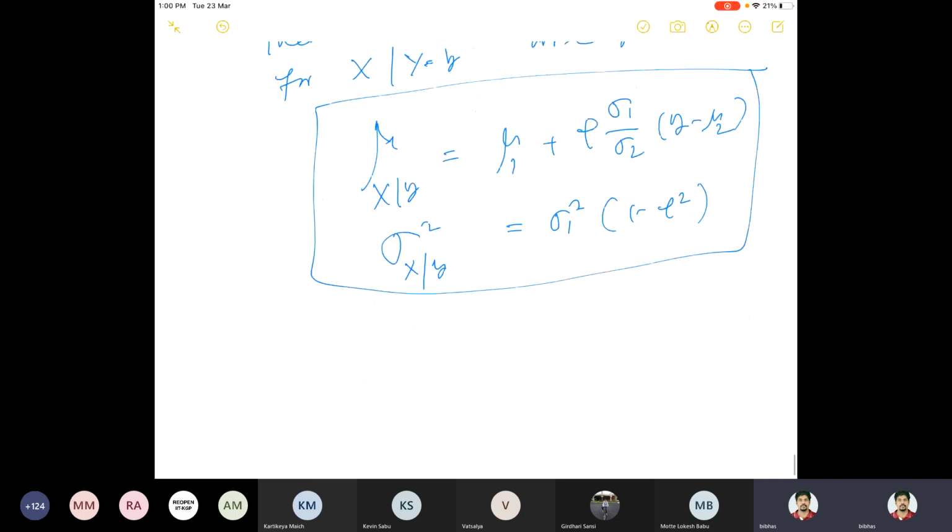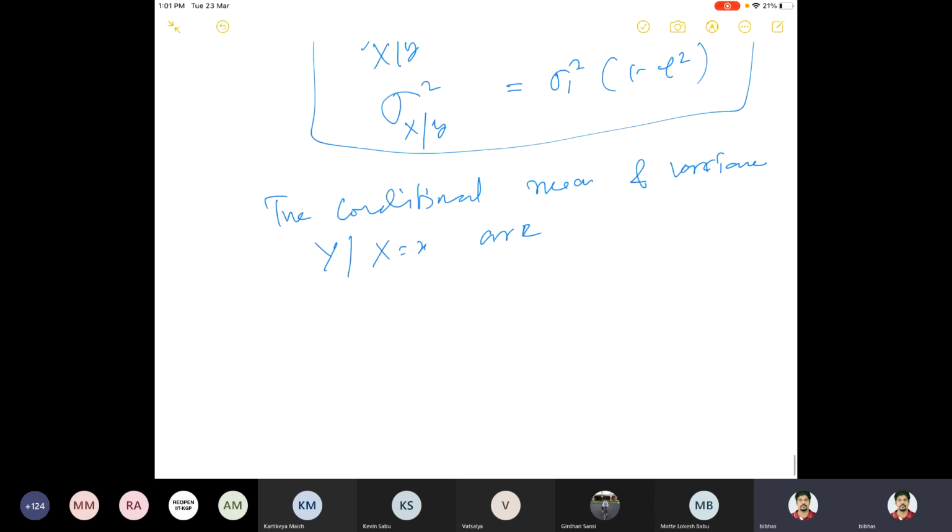Similarly, we can say the conditional mean and variance for the PDF of y given x are the following.